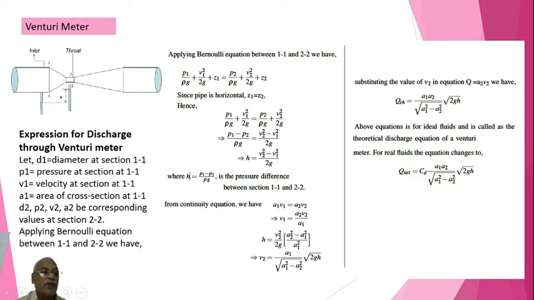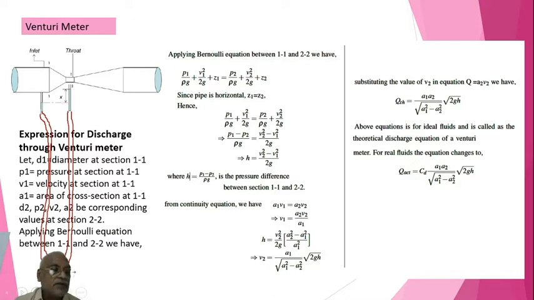In between there will be a U-tube manometer attached to these two, and the difference in mercury level is given as X.